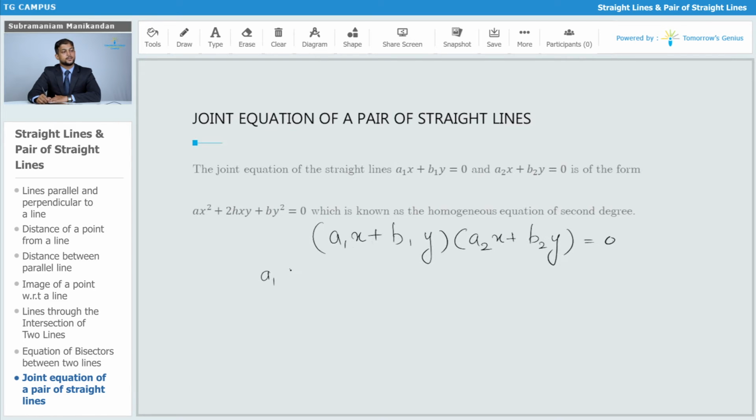So we get a1a2 x square plus b1b2 y square plus (a1b2 plus a2b1) xy is equal to 0. It is not possible to get any other term, and thus we see that it falls neatly into the pattern ax square plus 2hxy plus by square is equal to 0, which is known as the homogeneous equation of second degree.